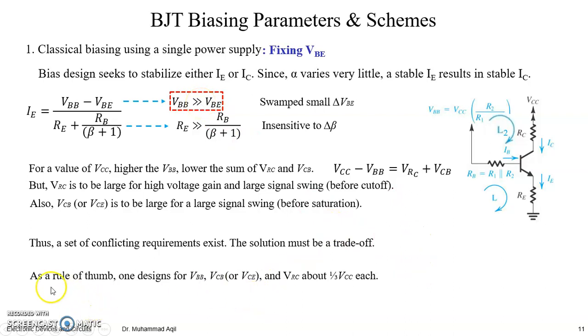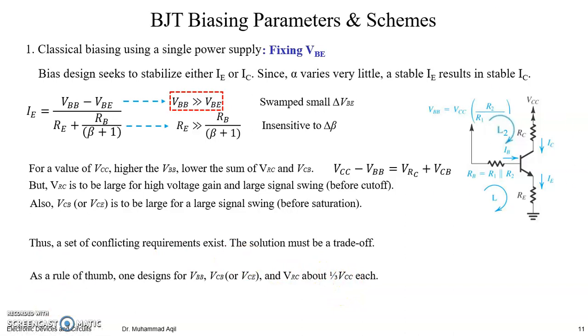Many experiences have shown a rule of thumb to accommodate these conflicting requirements: we need to distribute the voltages across VBB, VCB or VCE, the same thing, and VRC should be 1/3 of the VCC.